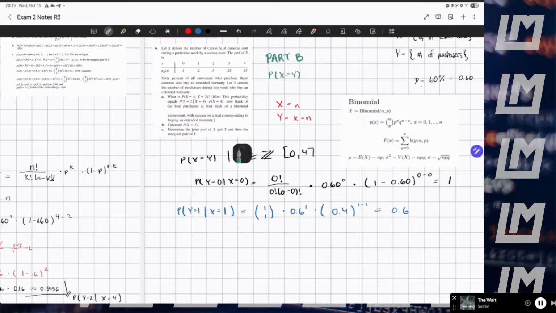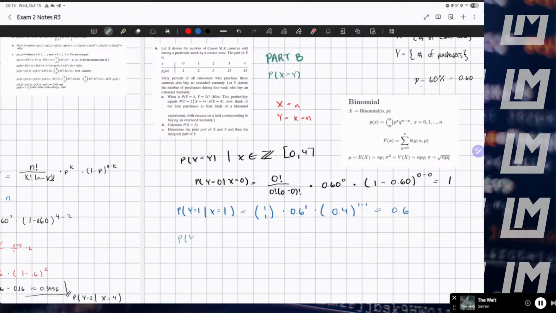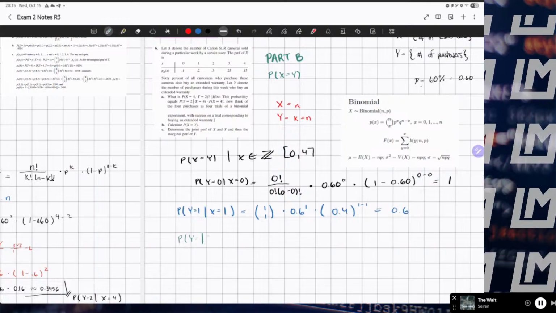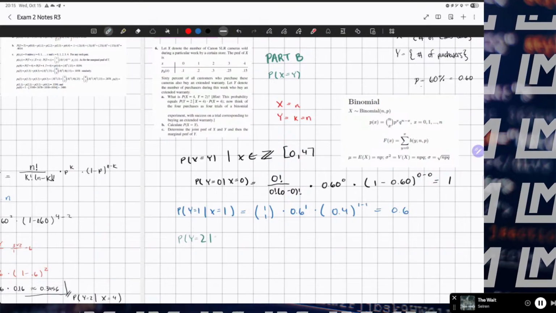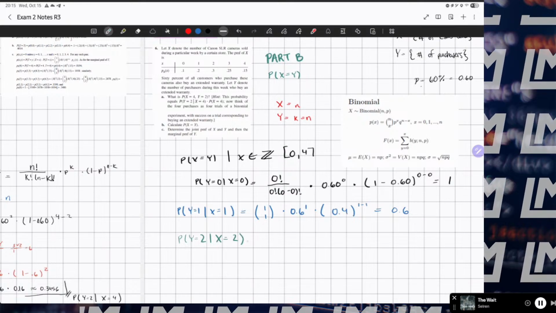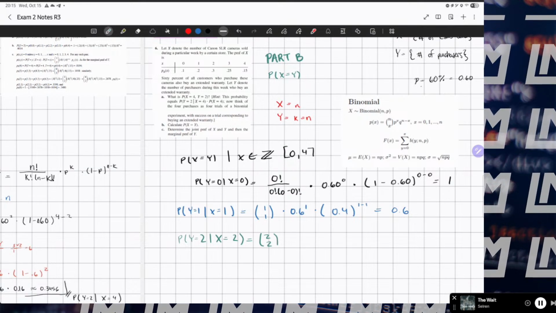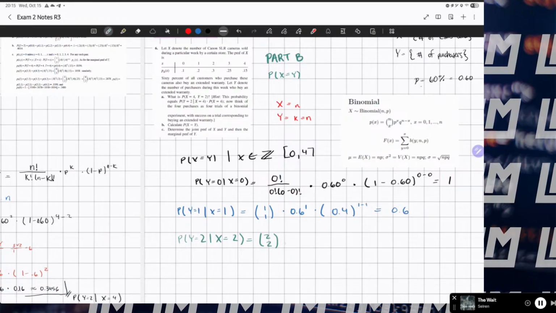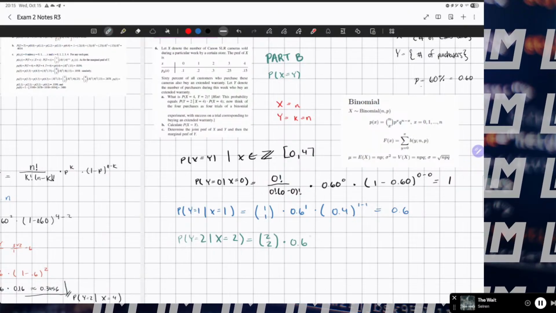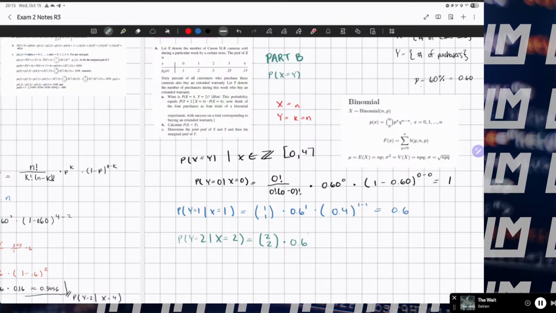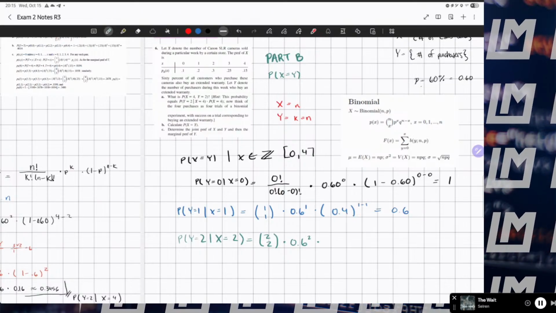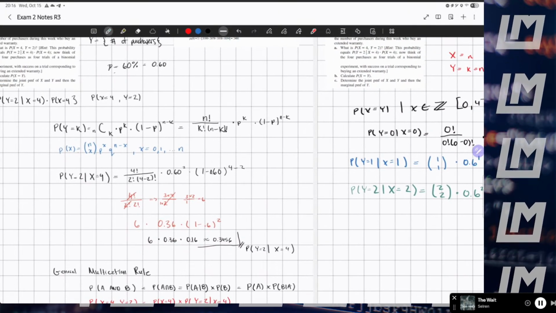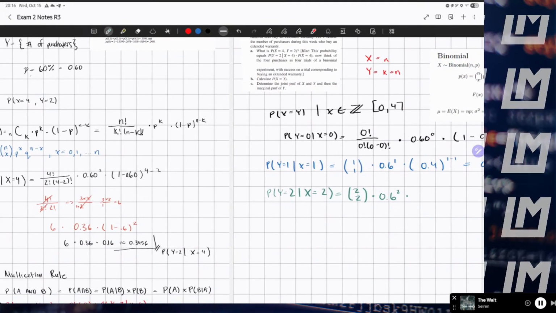Now for P of Y equals 2, given that X is equal to 2, is equal to the combination of 2 over 2, which is 0.6 to the power of 2, and that power of 2 is because y is 2.